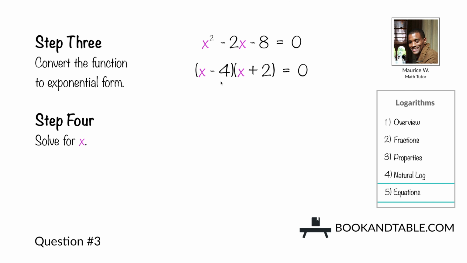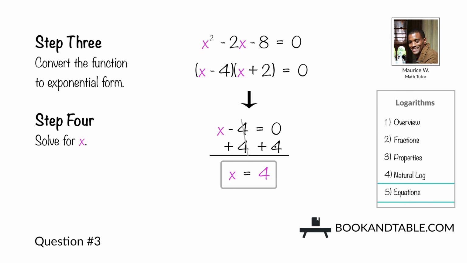So we get x minus 4 times x plus 2 is equal to 0. And now we set each factor equal to 0 to solve for x. So when we set the first factor equal to 0, we get x minus 4 is equal to 0. And now we add 4 to both sides, showing us x is equal to 0 plus 4, which is 4.